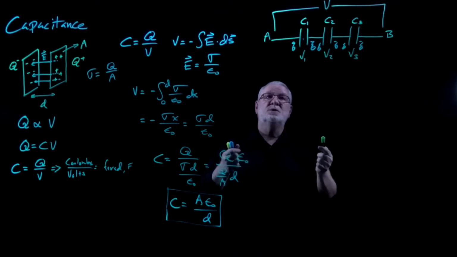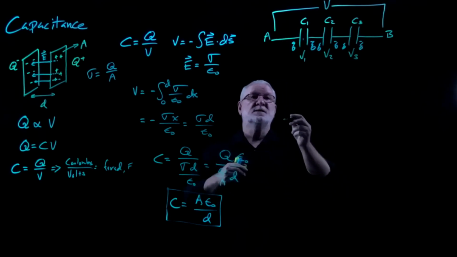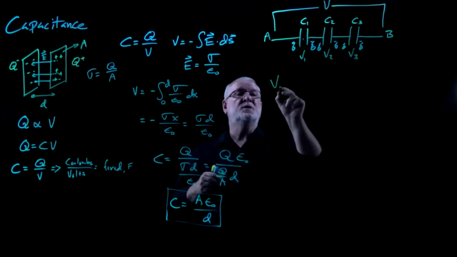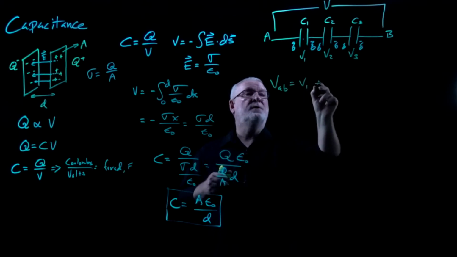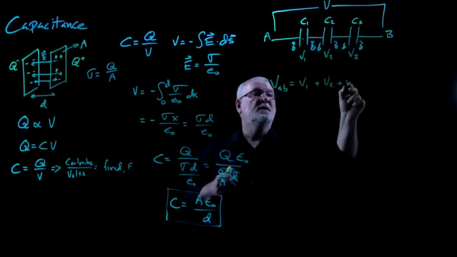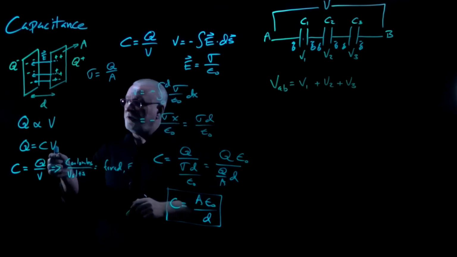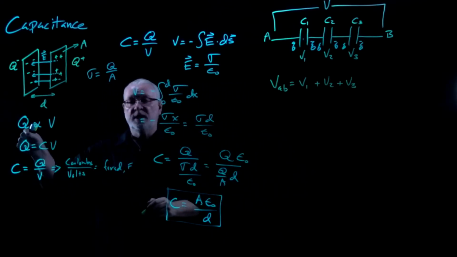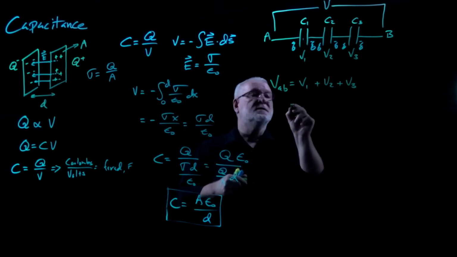As a result of all the charges being constant, something I can say is this: the overall voltage between A and B is just going to be equal to V1 plus V2 plus V3. Knowing that the voltage will be equal to each charge divided by its own unique capacitance, I can rewrite this.